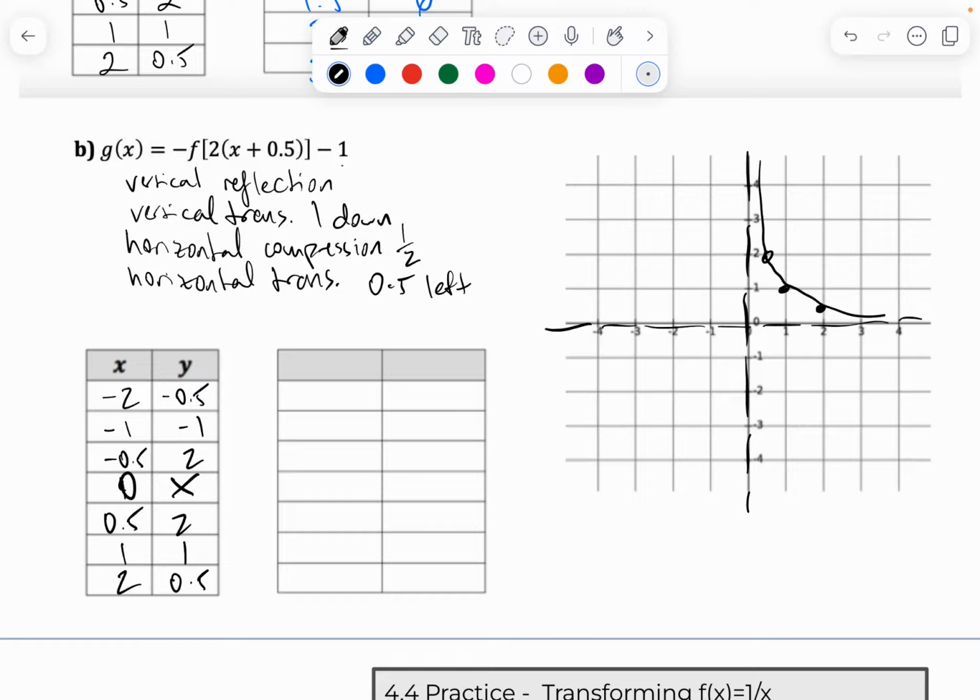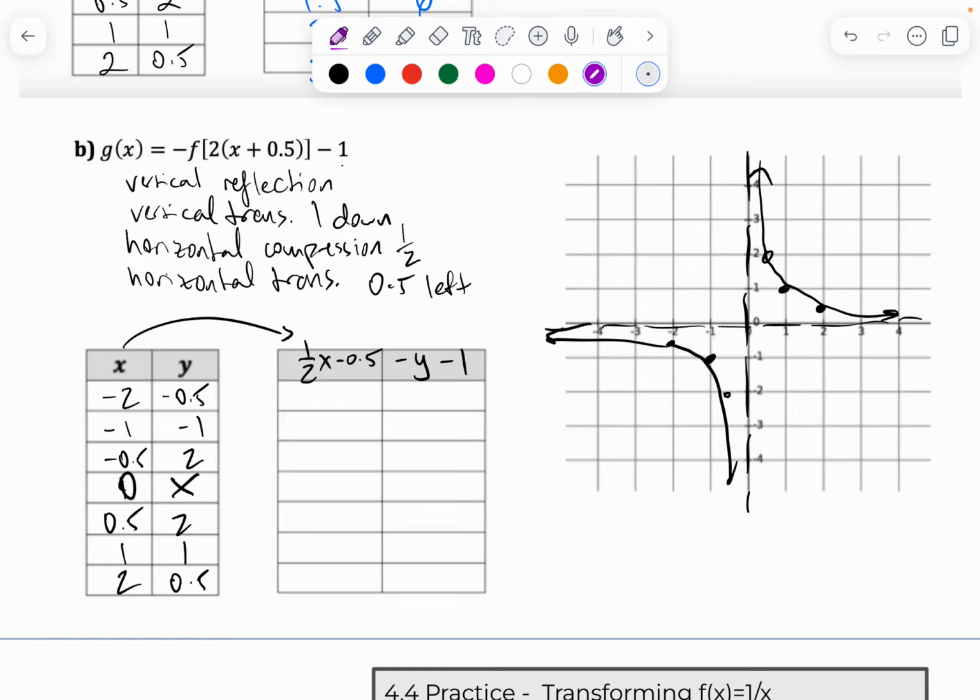Okay, there's that one, and then there's that one. Okay, now our mapping statements. X has a compression of 1/2, so 1/2 x, and 0.5 left, so minus 0.5, and then vertical reflection, so negative y, and translation 1 down, -1.